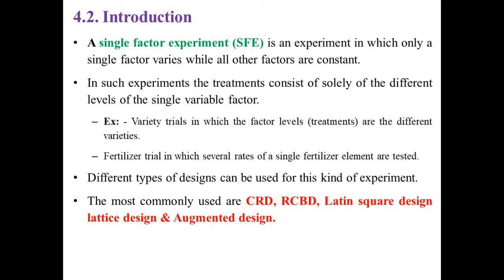Different types of designs can be used for such experiments, but the most commonly used are the completely randomized design, randomized complete block design, Latin square design, lattice, and augmented designs. These five experimental designs are the most commonly used for single factor experiments.